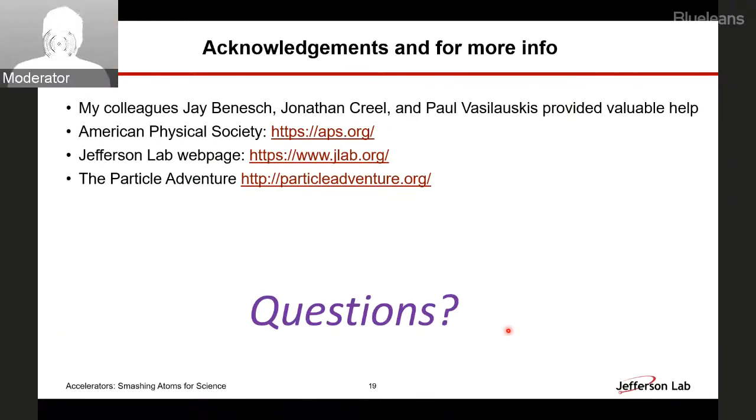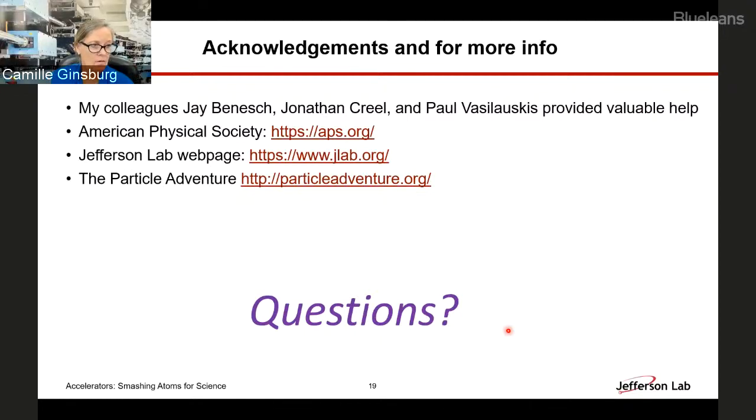Okay, and are there any other accelerators in the world like the CEBAF accelerator, and what makes it unique? Okay, so CEBAF is the best accelerator, but there are certainly similarities to other accelerators.